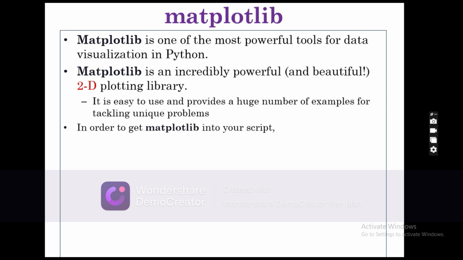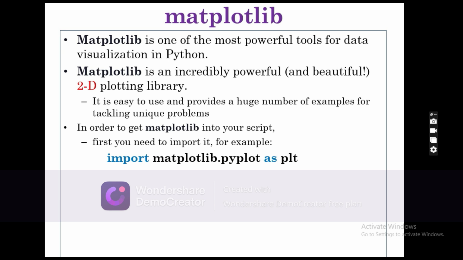In order to get Matplotlib into your script, you first need to import it. How can we import? It is import matplotlib.pyplot as plt. We should import the library first by using the import statement, import matplotlib.pyplot, and import it as plt.